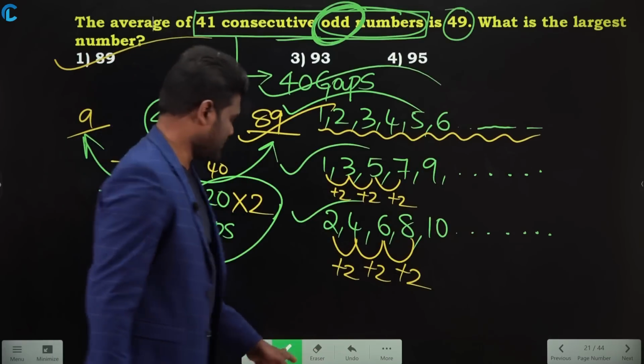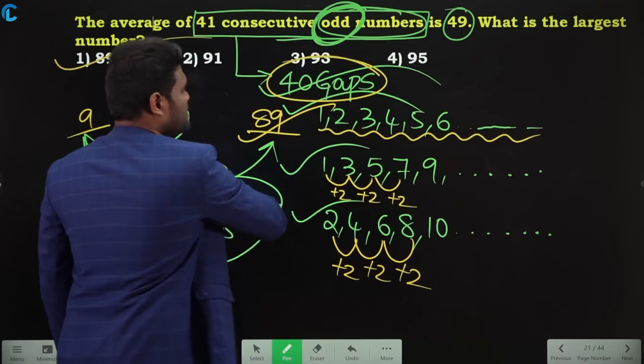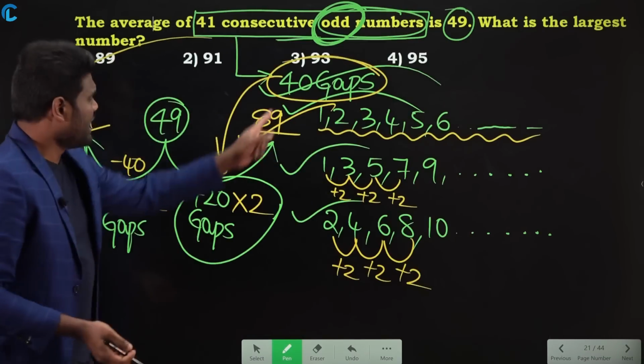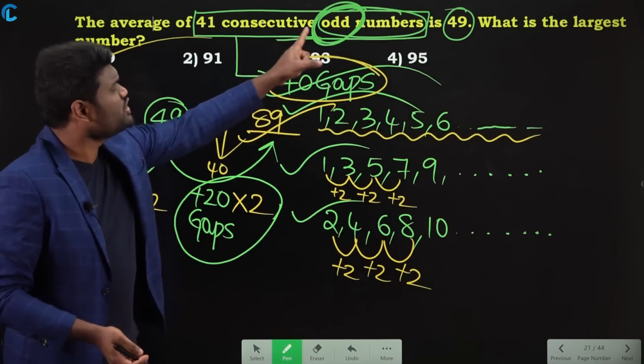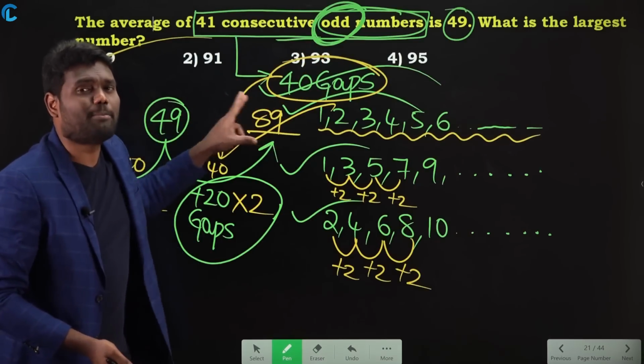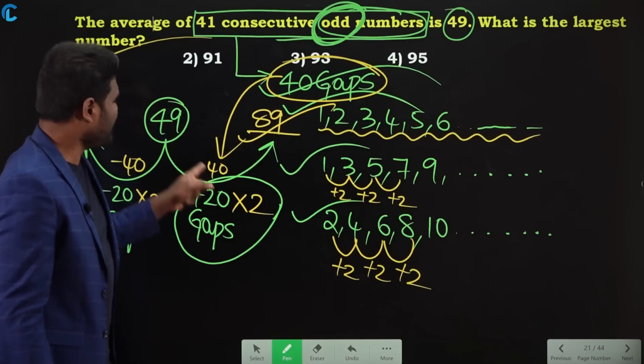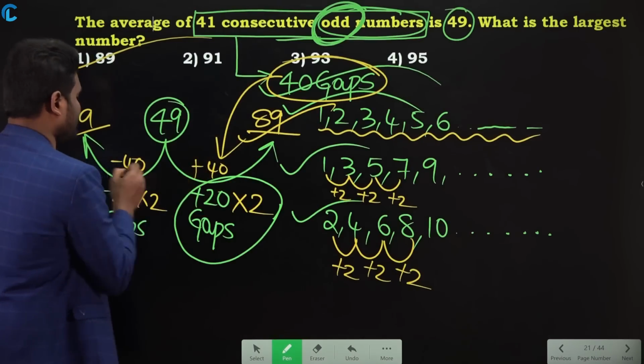How many gaps did you get? 40 gaps. So directly add 40, yes or no? Whenever you have consecutive odd numbers or consecutive even numbers, you can directly add or subtract the number of gaps. Here you have 40 gaps, so plus 40, or else you can subtract it, minus 40.